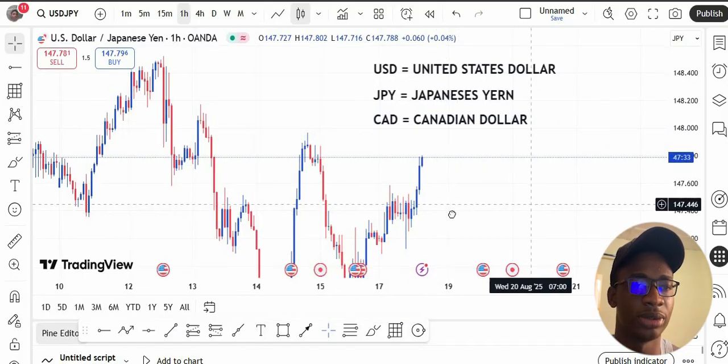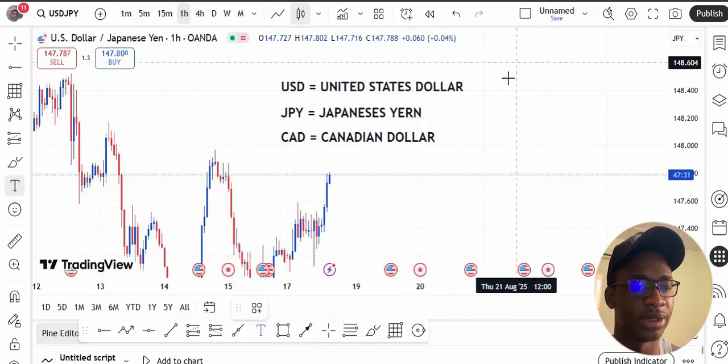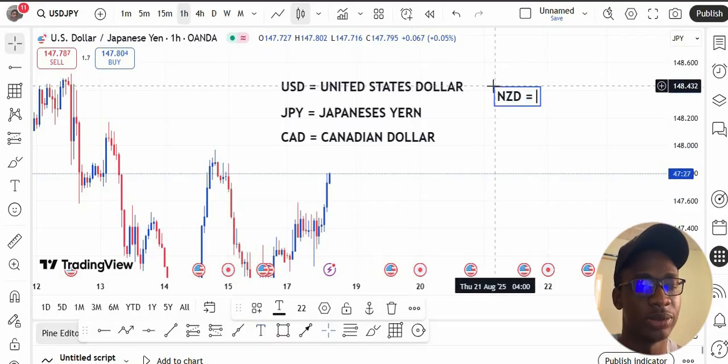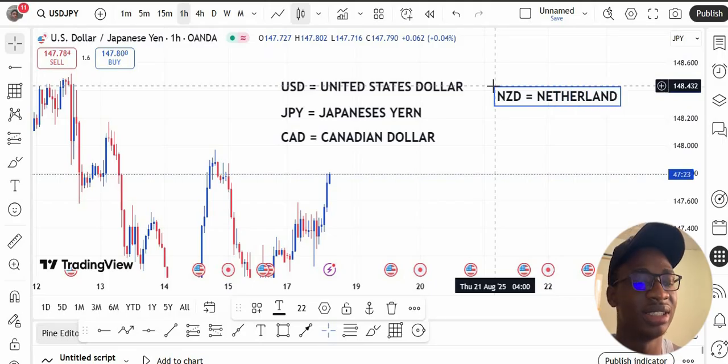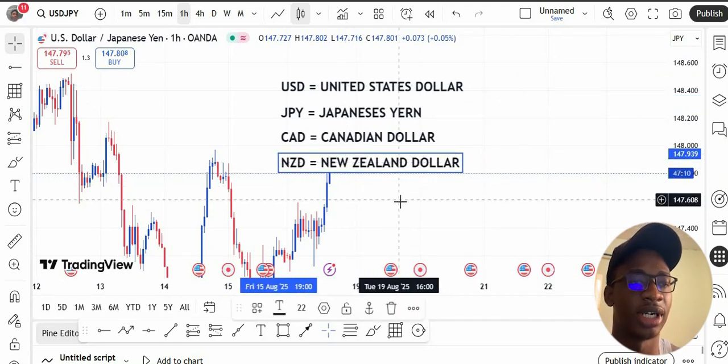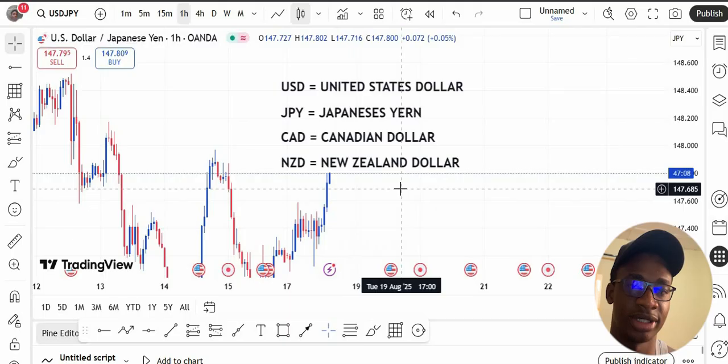And then we have another one, NZD, the New Zealand dollar.